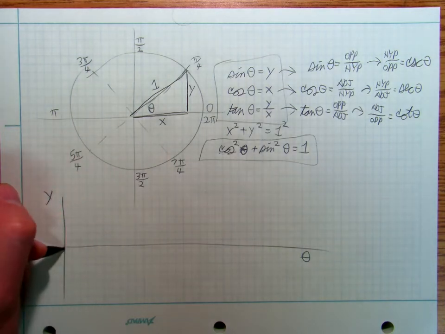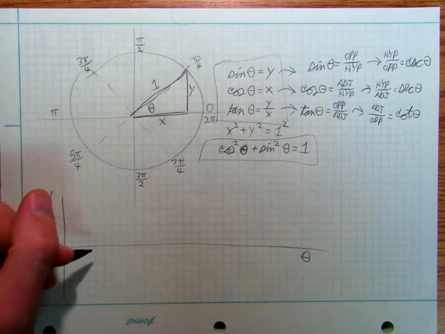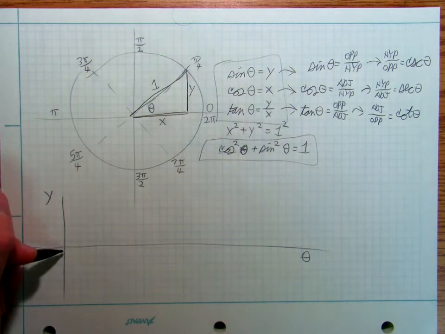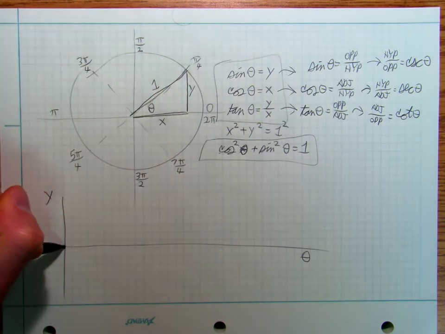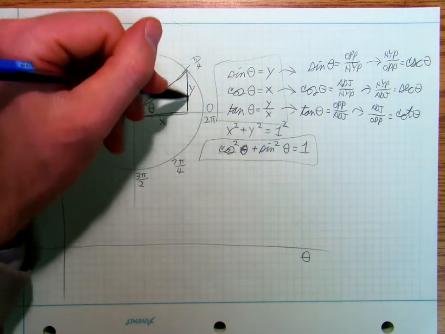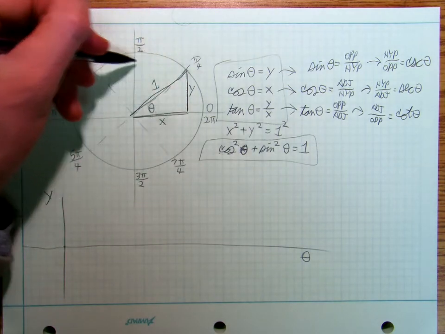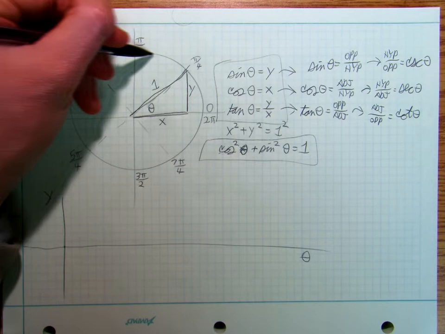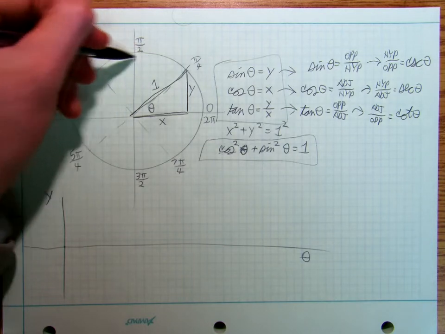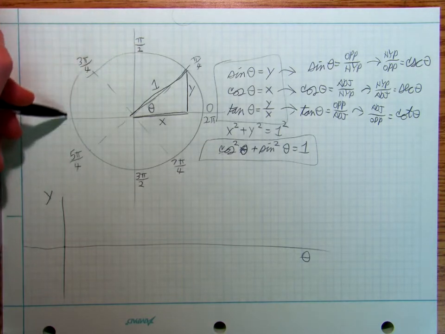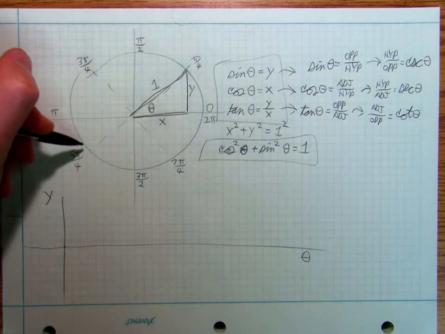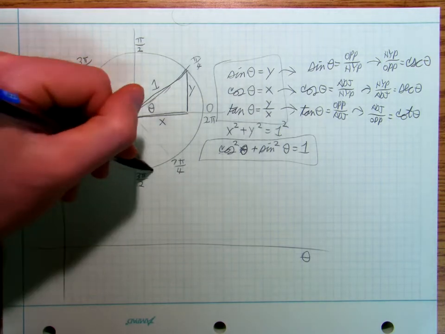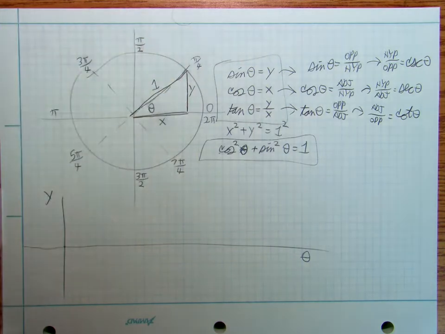You're going to start off at theta equals 0, y is 0, but then y is going to get bigger and bigger, but then it's going to slow down, and in this region y is going to be constant for a while, and then it's going to shrink, go back down to 0, then it's going to go negative, stay constant for a while, and then start going back to 0.